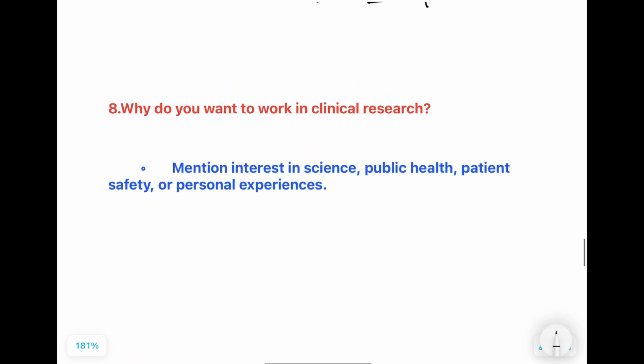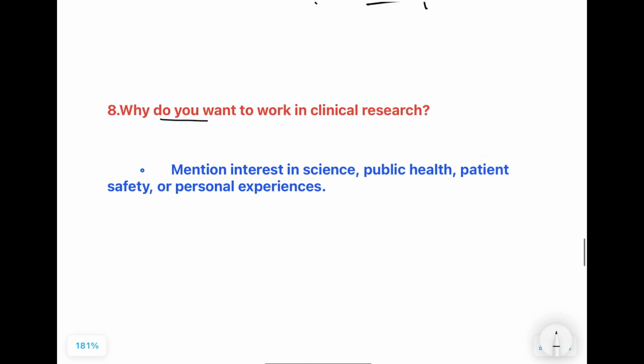What is the next question? It's kind of to check your motivation. Why do you want to work in clinical research? This is something you can prepare in advance easily, show your interest. If you are a pharmacy student, or suppose you are a doctor, connect it.